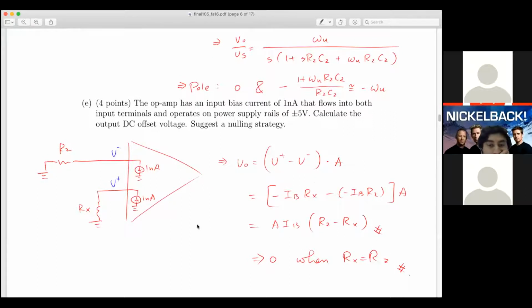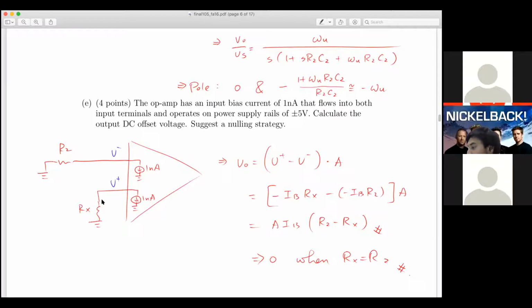For part E, it's very simple. We need to consider another non-ideal effect, the non-zero input bias current. Here, the output voltage is still V plus minus V minus times A. When there is current flowing into the op-amp, because there's an external resistance, it will generate a voltage drop at the V minus and V plus terminals.